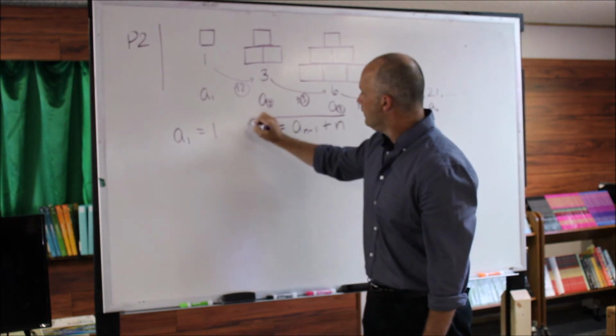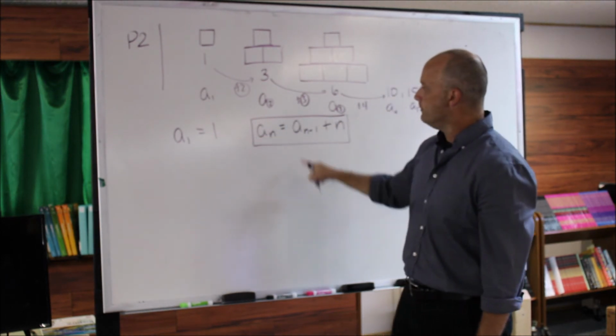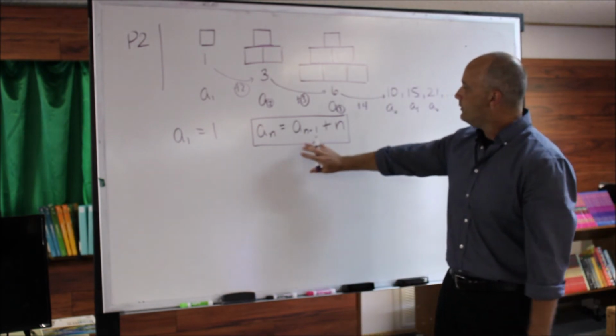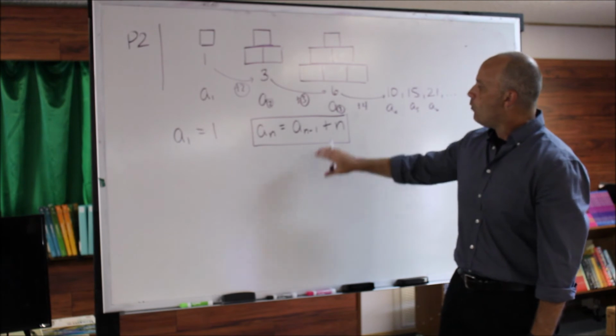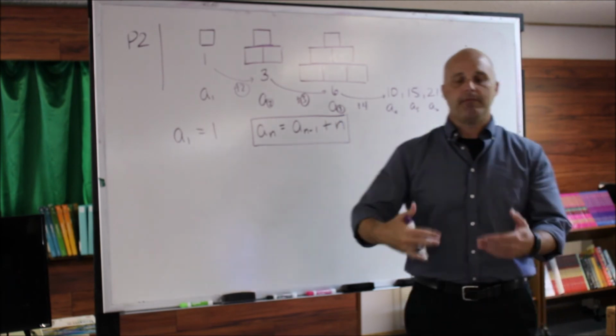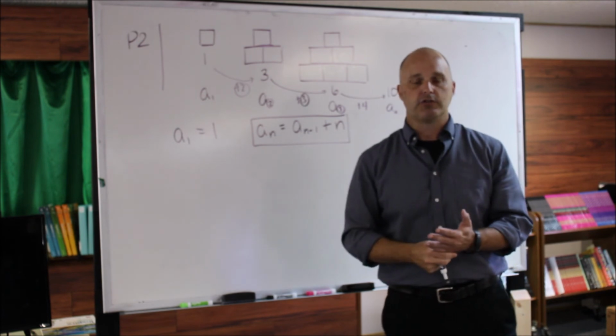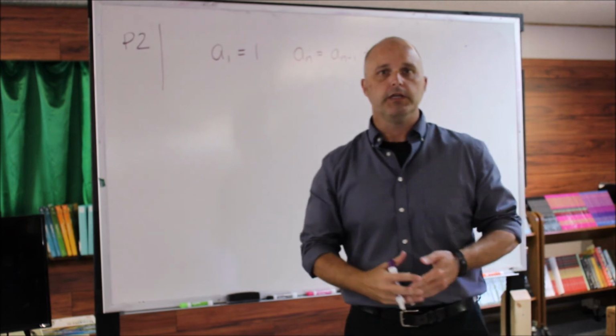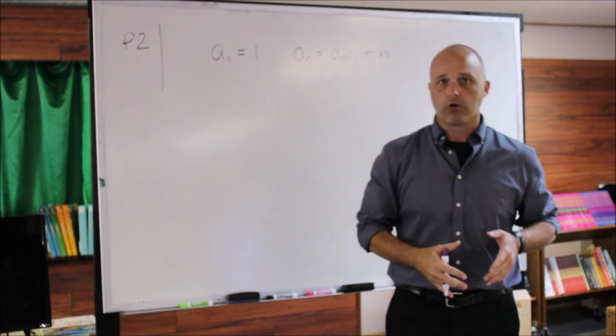This right here is the recursive formula, in addition to the a sub 1 equals 1. So this is what we're looking for right here. We know that we're adding the nth term every time that we're moving up to the next term in the sequence. Now that we've figured out what the recursive formula is, let's look at why this actually works.